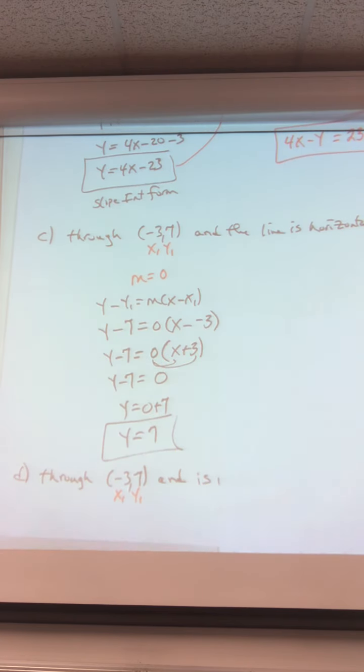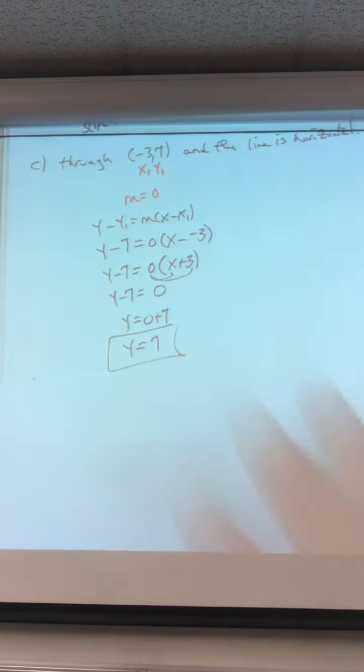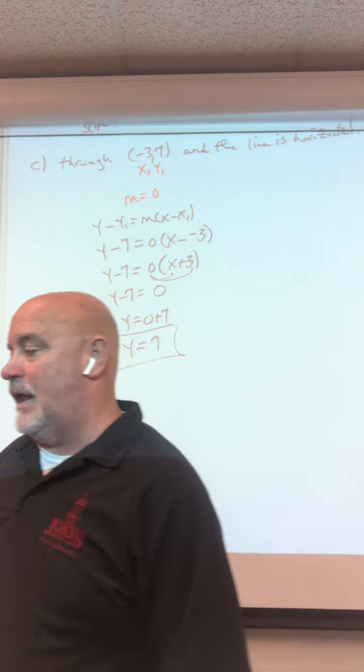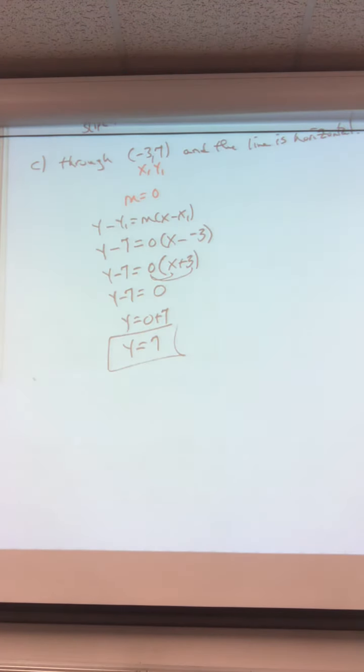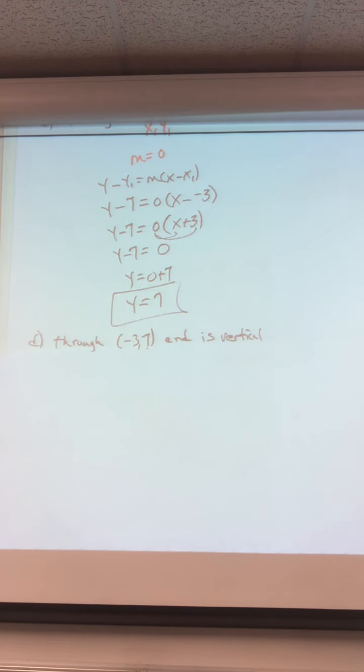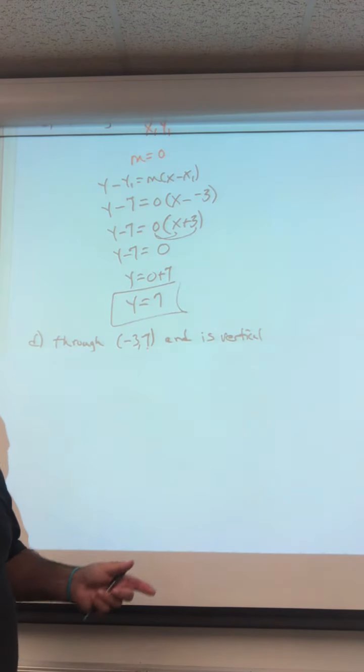Example D. Write this one down. The line passes through the point negative 3 comma 7 and is vertical. Okay. So, what two things do we have to know to get the equation?